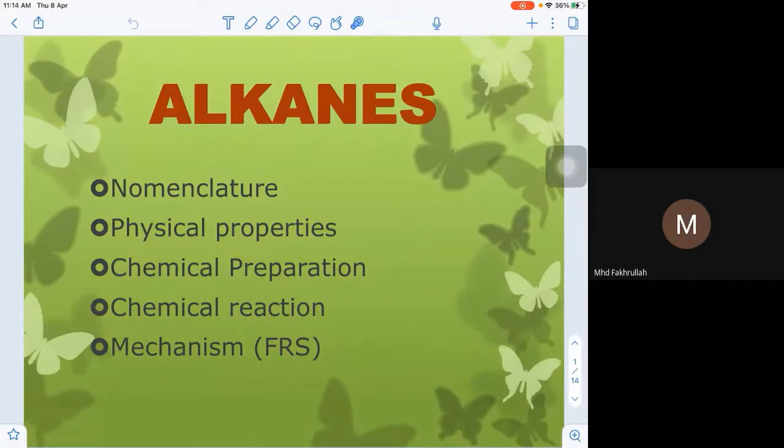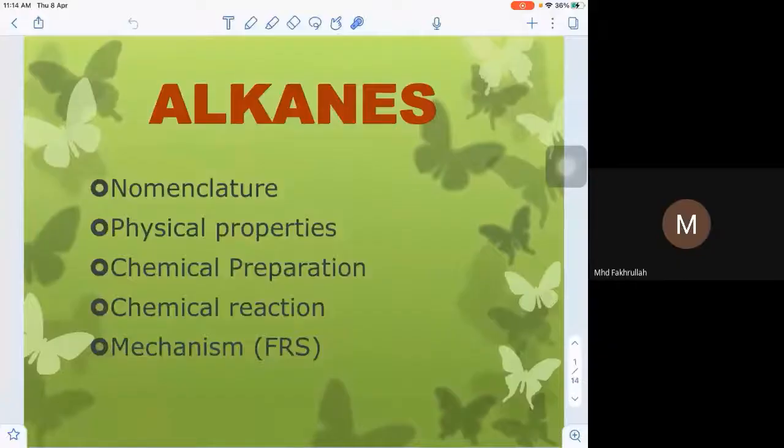So if you come back to the table and look at the alkane, look at the most right column, type of reaction. There are two processes for alkane, combustion and halogenation.